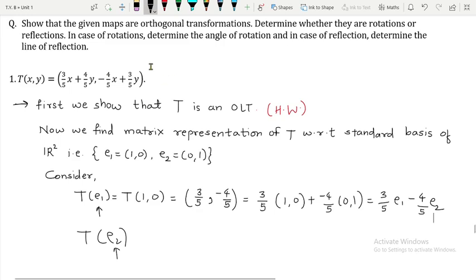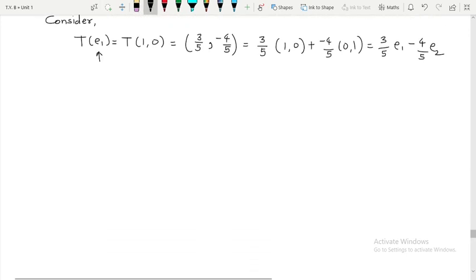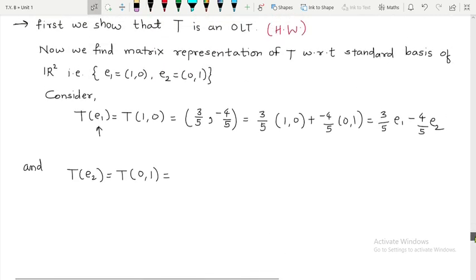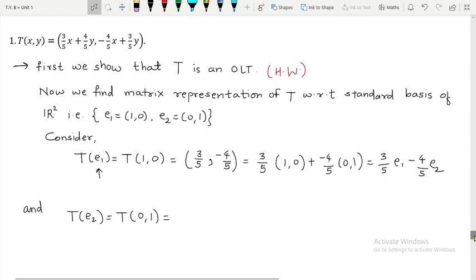Now let us go for T of E2. Our T of E2 will be equal to T of (0, 1). So what will be my T of (0, 1)? We have to go to the function back again. So I'm going to put x is equal to 0 and y is equal to 1.